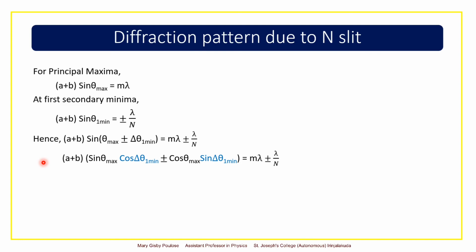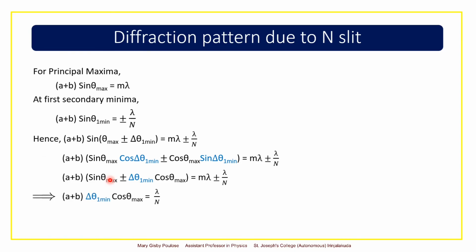The angle to the first secondary minima is very small, and hence cos of that angle will tend to 1, and sine of that angle will tend to that angle. So substituting these values, we get (A plus B) into sine theta max plus or minus delta theta 1 minimum into cos theta max is equal to m lambda plus or minus lambda by n.